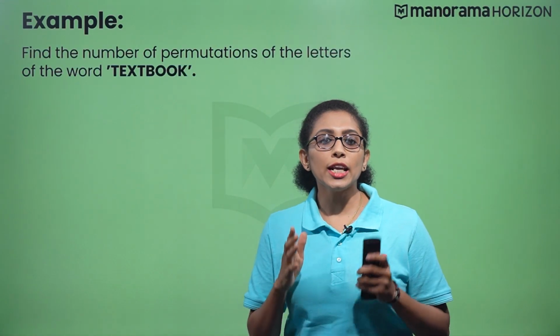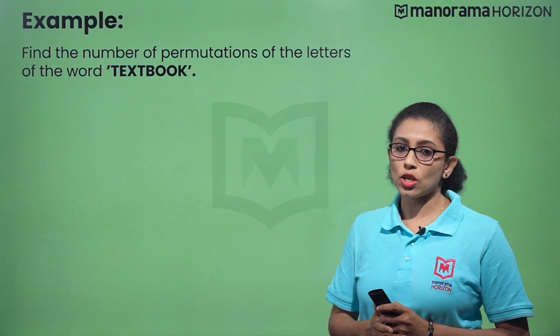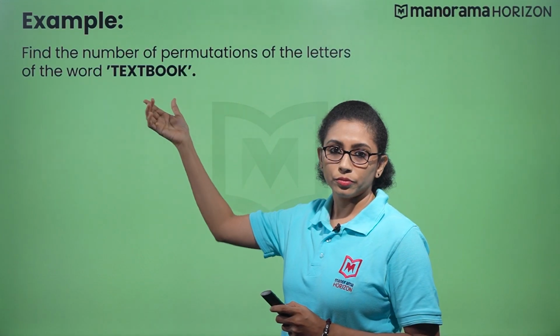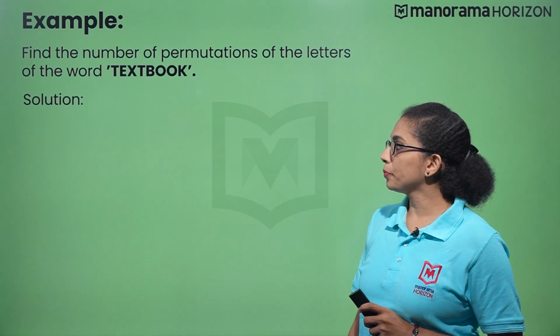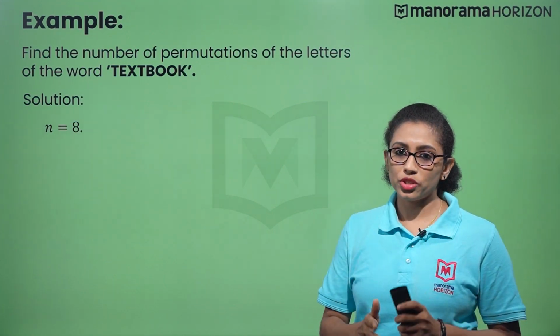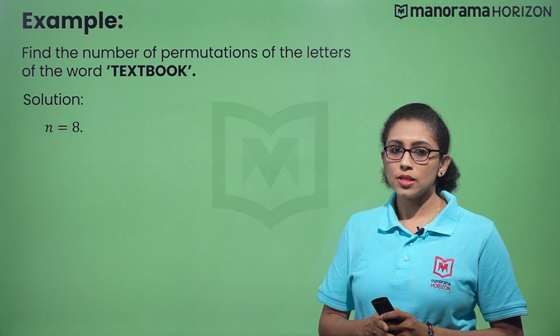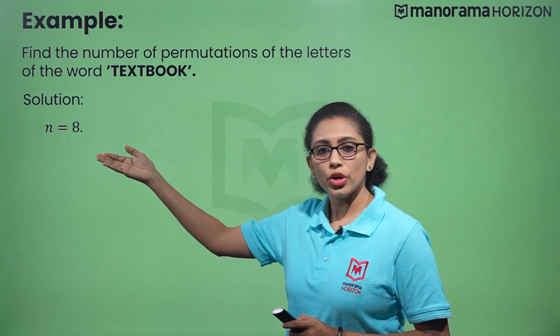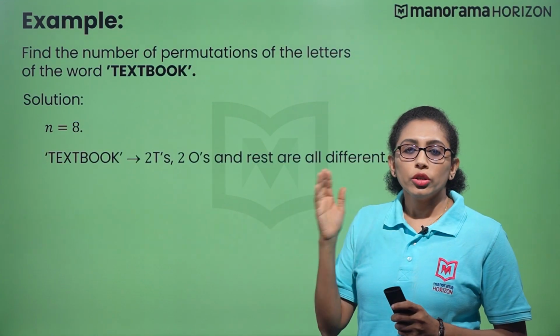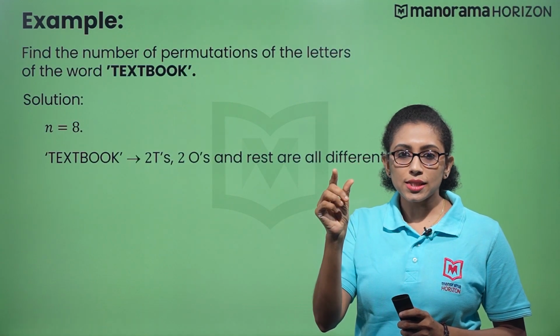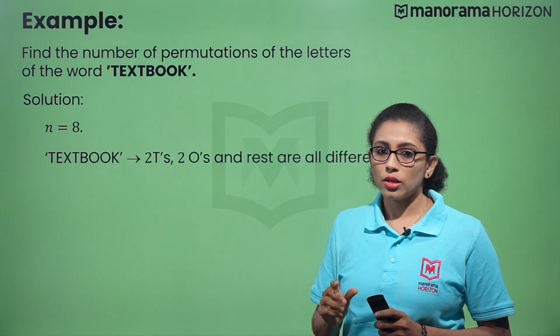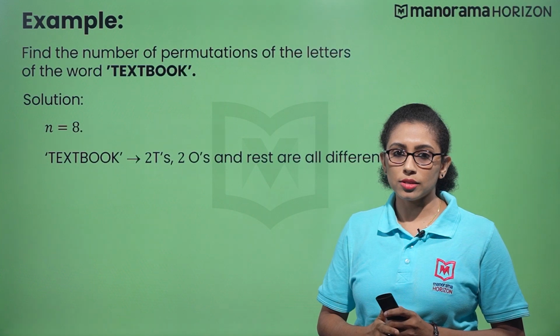Question: find the number of permutations of the letters of the word textbook. Let's see the solution. Here, there are 8 objects, as the word textbook has 8 alphabets. So, our n is equal to 8. Now, there are 2 T's and 2 O's and the rest are all different letters.